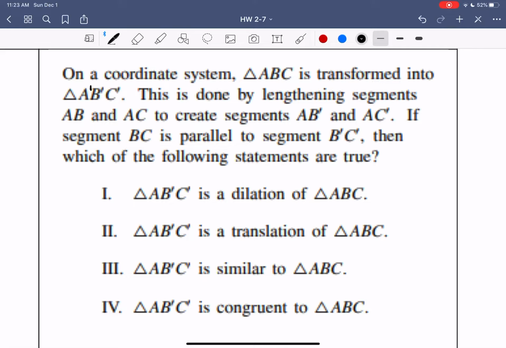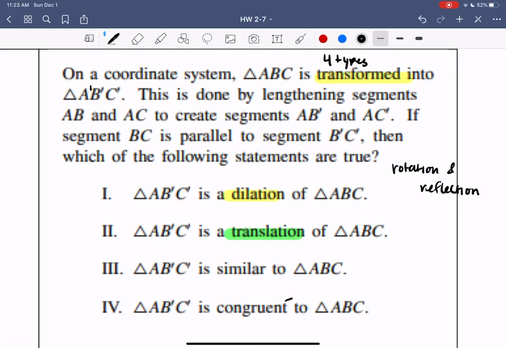Okay, that was a lot of words. When we're talking about being transformed, there are the 4 types that we learned. And when you look at the answer choices, we have a dilation, we have a translation, those are 2 types. And then there's the rotation and reflection.